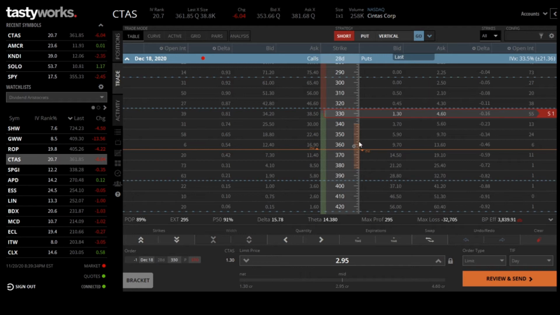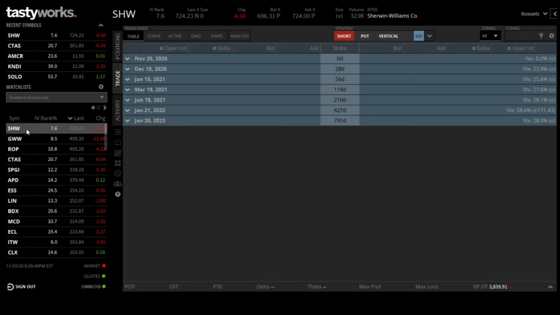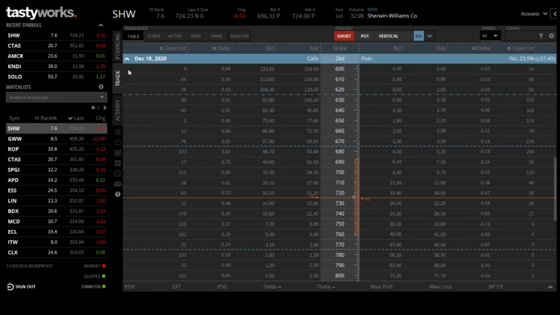The IV rank is a little lowish, but sometimes you just have to take what the market gives you. For example, if you compare that to Sherwin, the paint company, the premiums are also pretty decent, and the bid ask spread is not as bad as I thought it would be.